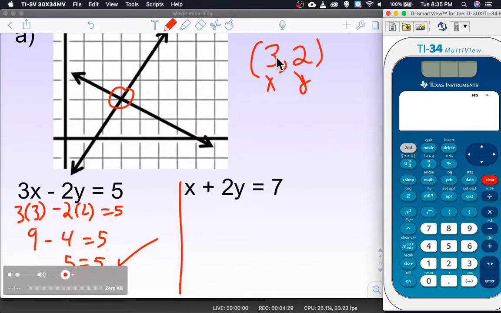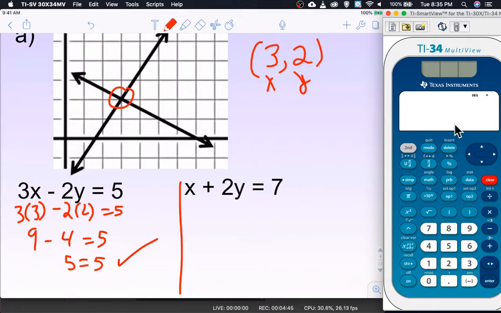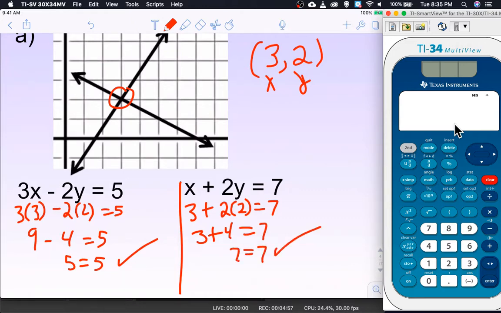So I just showed that this point is a solution to this line, meaning this point is on this line. I'm now going to prove that this point is on this other line because when I plug in x for x and y for y, the math should work out. So I'm plugging in 3 for x and 2 for y, 3 plus 4 equals 7, and yes, that math checks out.